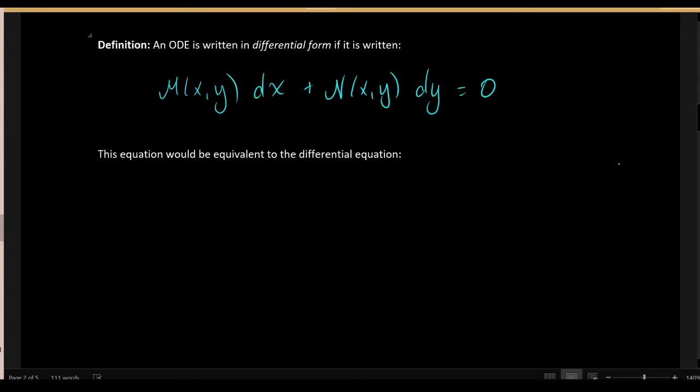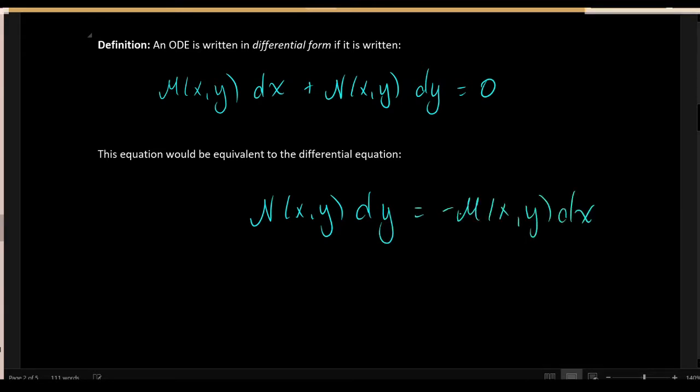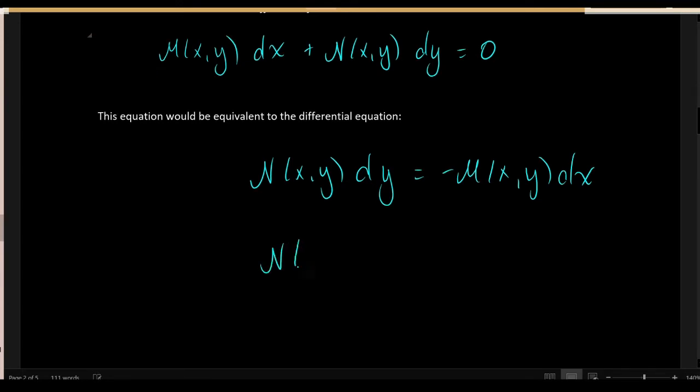Now, this differential form of the ODE would be equivalent to the following if we subtracted the N of x, y dy to the right side and then quote-unquote divided by dx, then we could write this expression in a slightly more standard way.